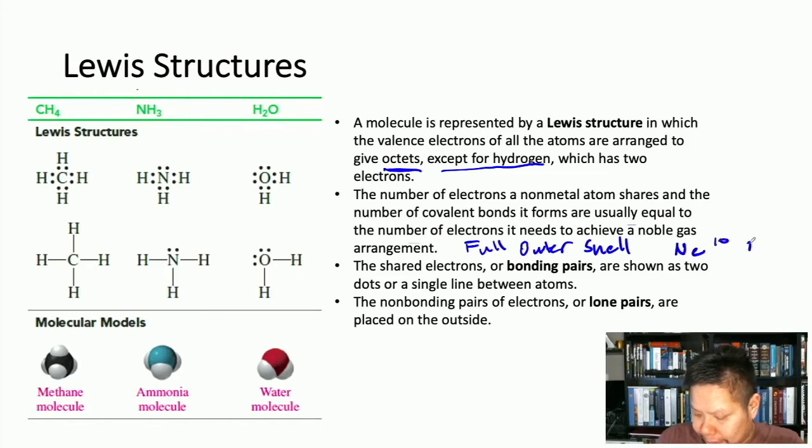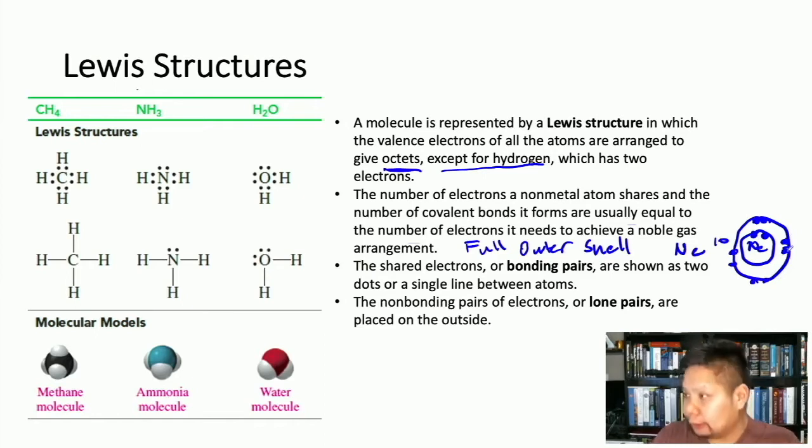So if we had neon, 2 electrons are in the first shell, and then it has 8 electrons in its valence shell, or its outer shell.